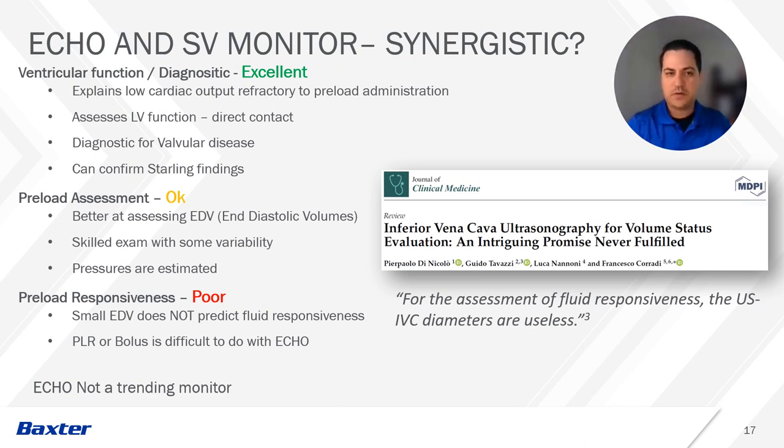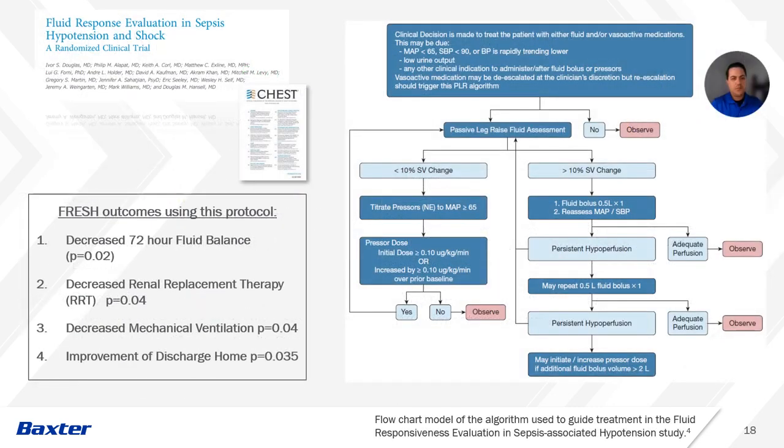Patients may need volume, but can they tolerate it? Are they fluid responsive? That's not what the IVC is really looking at. So there's probably a synergy in using a Starling mechanism monitor to determine if patients are fluid responsive, combined with ultrasound. There was a paper looking into this fluid responsiveness aspect in septic patients.